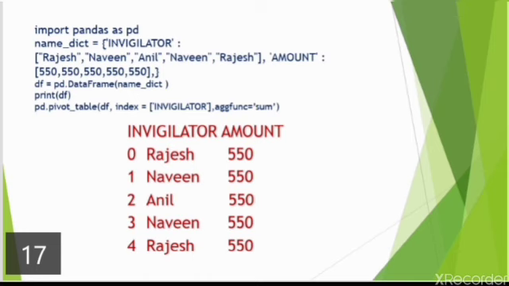See, invigilator name is displaying there. Now aggregate function sum I have called, so whatever values are there, all values are displayed near the amount, and the index is automatically created. Because I have not given the index, even then the index is created.